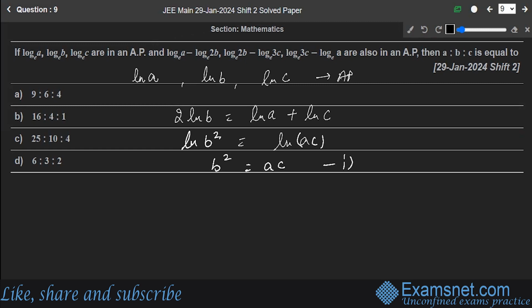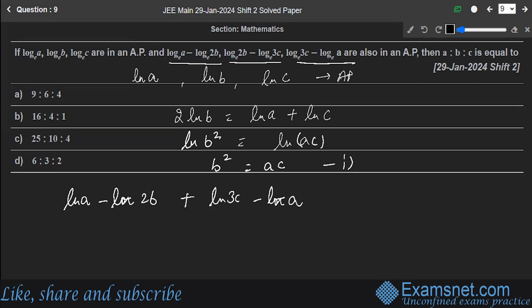This is equation 1. Now, this and this, they are also in AP. So you have log A minus log 2B plus log 3C minus log A is equal to 2 log 2B minus log 3C. So this, they are all adding.